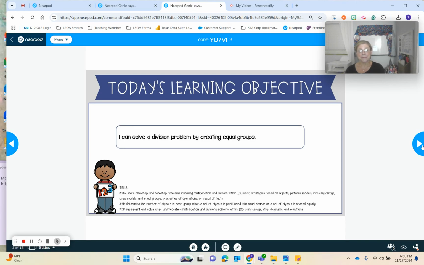So, bless your hearts when y'all were sitting there going, why are we learning about perimeter? Like, I'll learn about perimeter, but why are we learning about perimeter? Because y'all were like, we're learning about division in our OLS right now. Well, Miss Smith thought you guys were learning about perimeter because that's what you were supposed to be learning about.